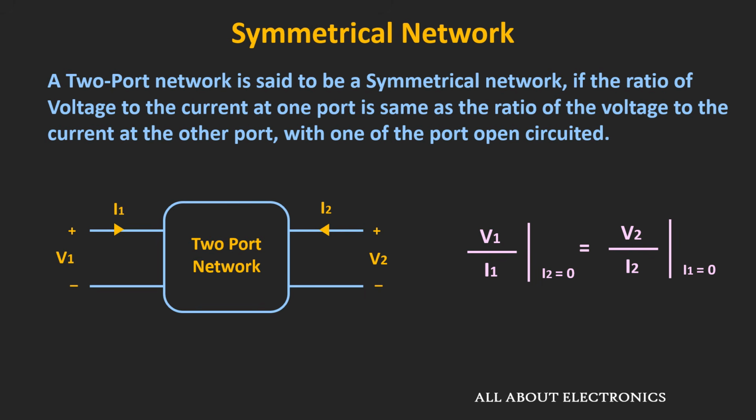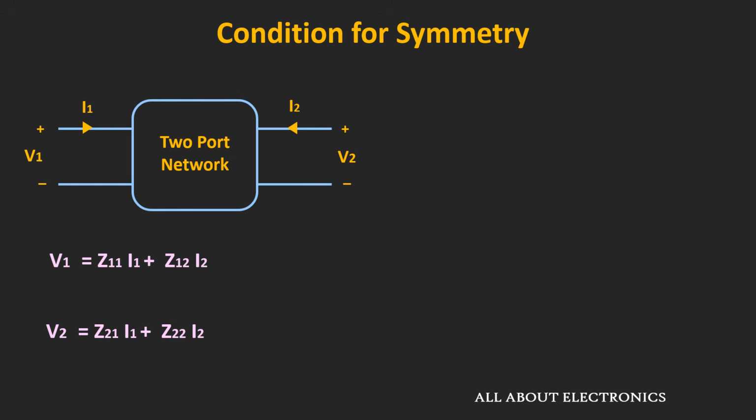So now let us find the condition for the symmetry in terms of the Z parameters. So first of all, to find the ratio of V1 and I1, let us assume that this current I2 is equal to 0, or port 2 is open circuited. So from the first expression we can write V1 divided by I1 with current I2 equal to 0 is equal to Z11.